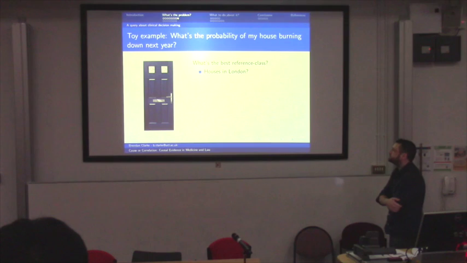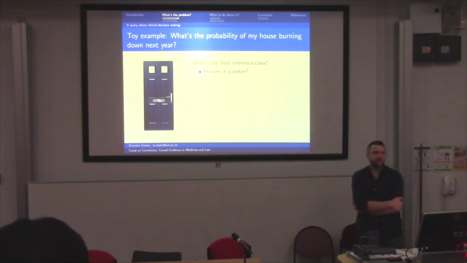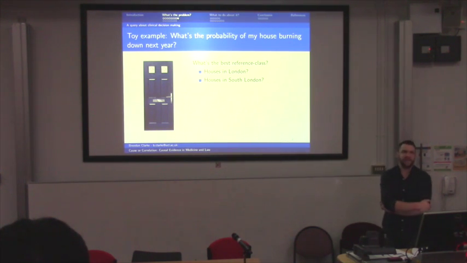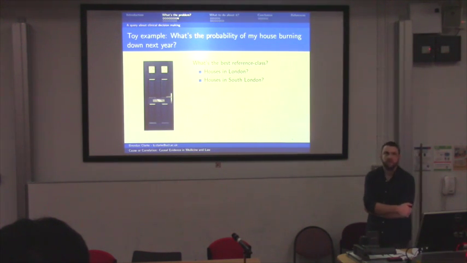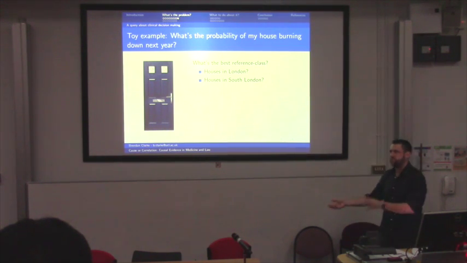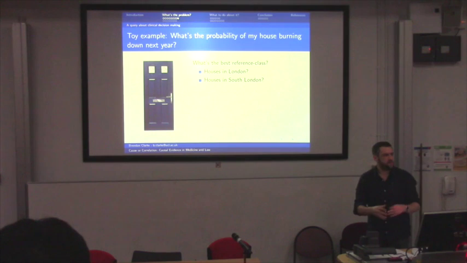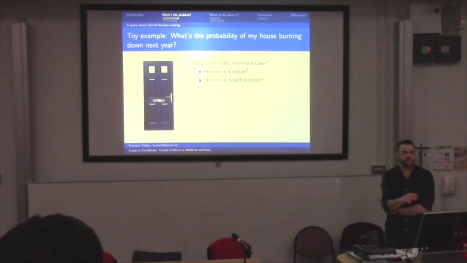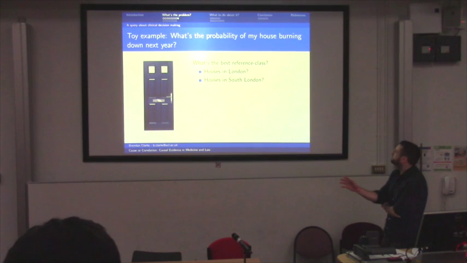It turns out, though, that we can also get nice statistics for South London. Now, these might be better, right? Maybe they describe the properties that my house has relative to burning down more closely than the London statistics, which also include all of that North London business that I don't know anything about.